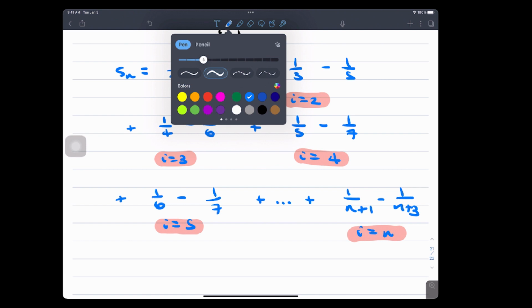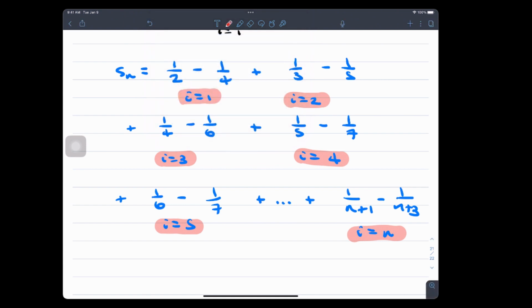What I want to say is some of these terms will collapse. When do you start seeing things collapse? Here, because this is a telescoping series. And you might say, okay, we got 1/4. Well, look at this.